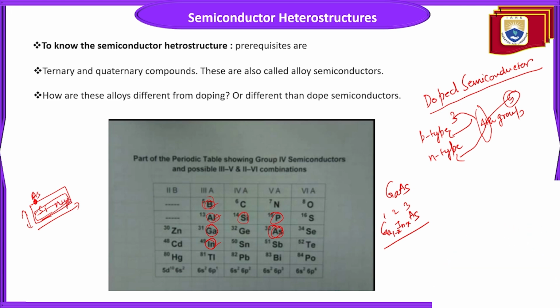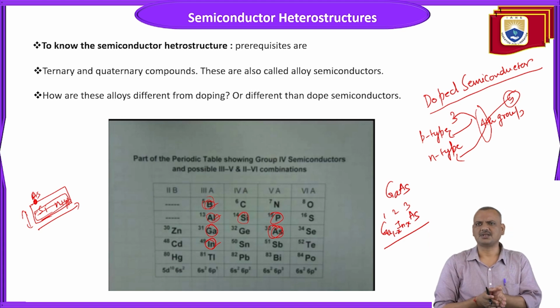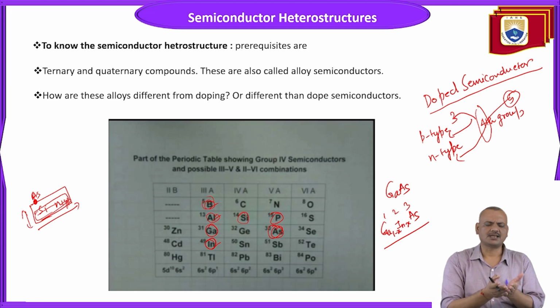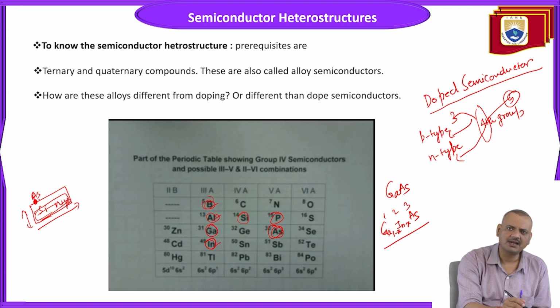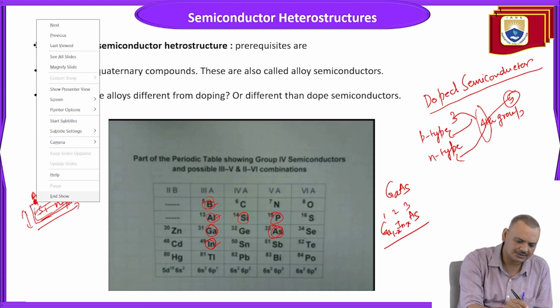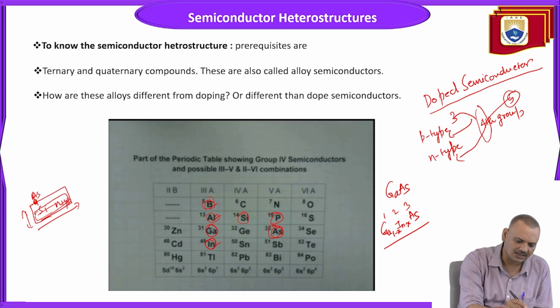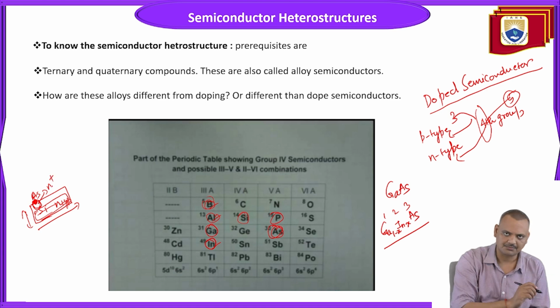I can't predict the nature; sometimes silicon is found as P type, sometimes as N type. Let's suppose it is N type, and you put arsenic in a small amount and give some temperature. What happens? The arsenic tries to diffuse inside the silicon, so in a very small region this silicon converts to N plus type.